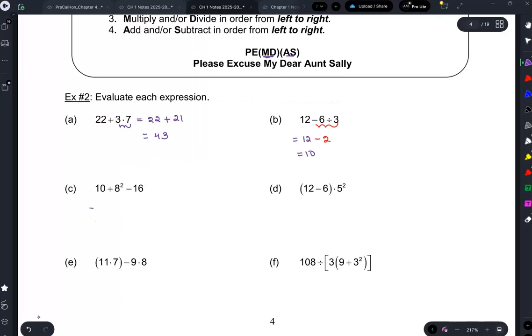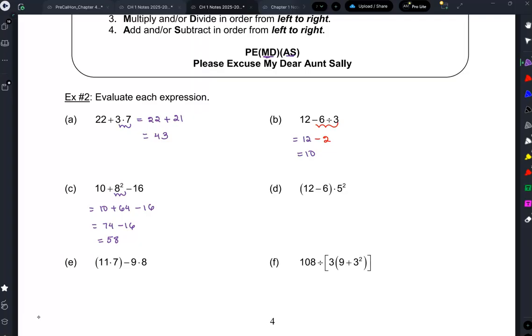Here, 10 plus, I do this first, 8 squared, 64, minus 16. And now I have to do, left to right, so 74 minus 16. So I do this in my head, 74 minus 10, 64, minus 6, 58.